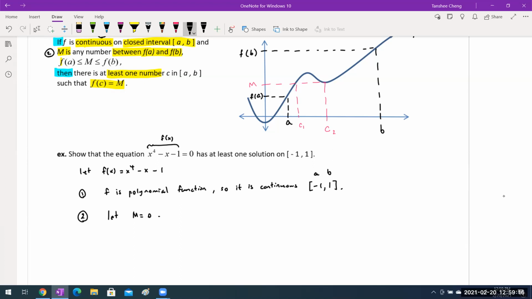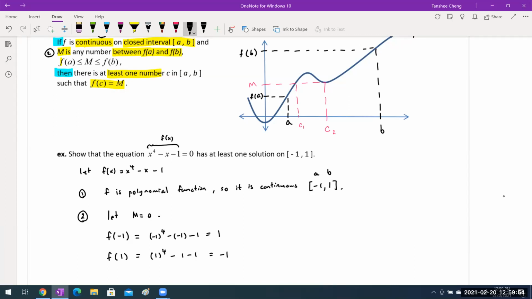Then we find f of -1 and f of 1. f of -1 is -1 to the fourth power minus -1 minus 1, which gives you positive 1. When I substitute 1, 1 to the fourth power minus 1 minus 1, oh, my bad, sorry, this is positive 1 for f of -1, and f of 1 gives me -1.